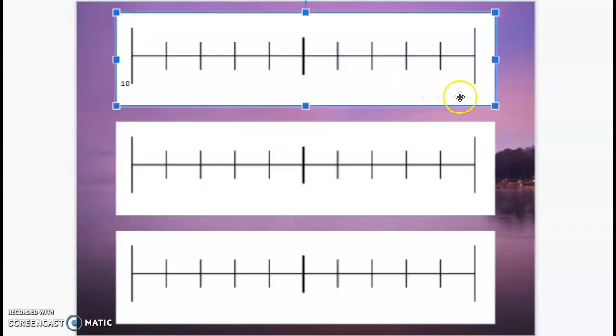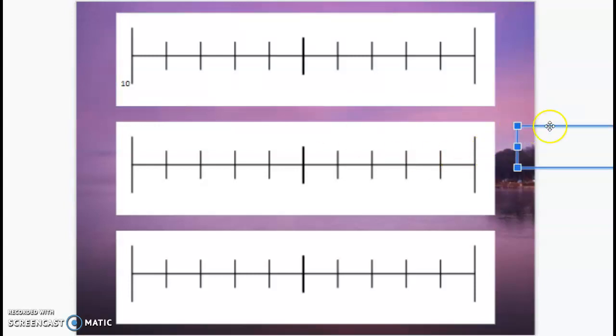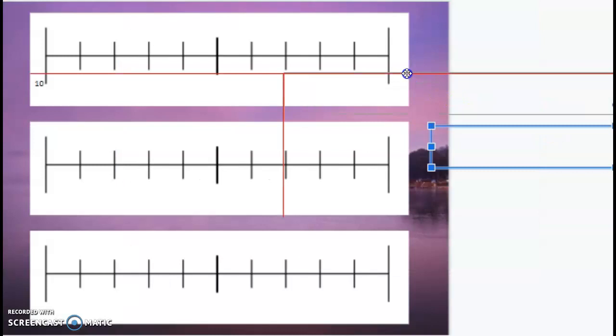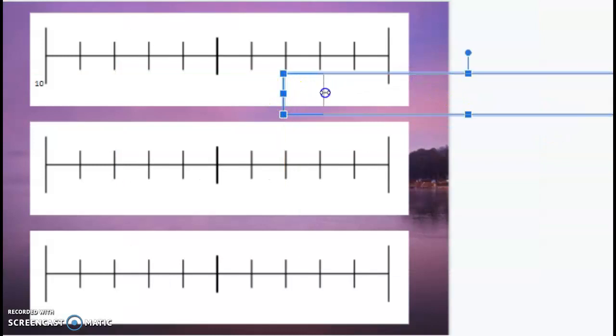So we're going to insert another text box, and we're going to pull that over, decide what two tens 17 is in between.